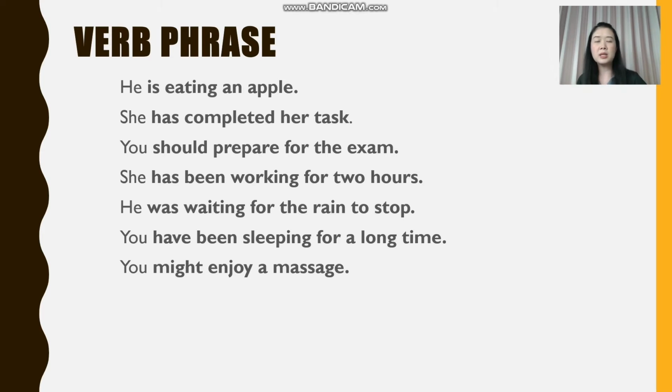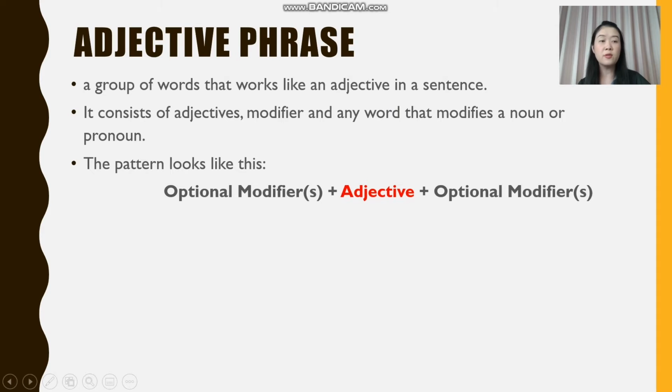But it's also possible that if you say she smiles, the word smiles can be the verb phrase, because we have the head word as the main verb of that phrase, and that's it.